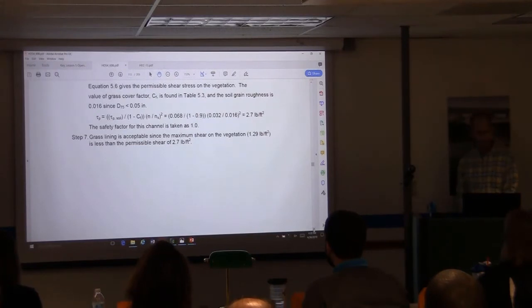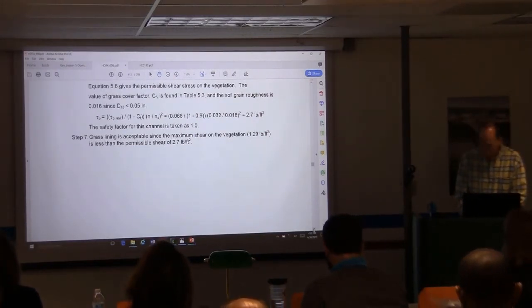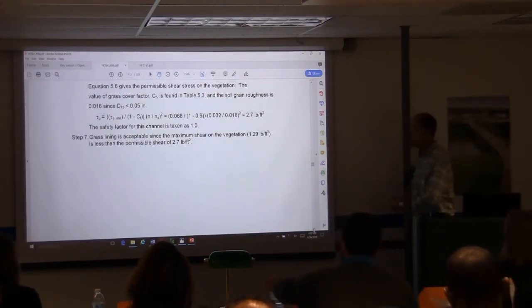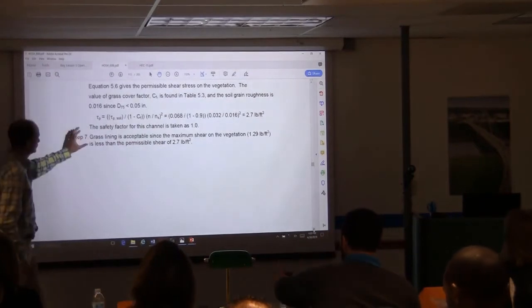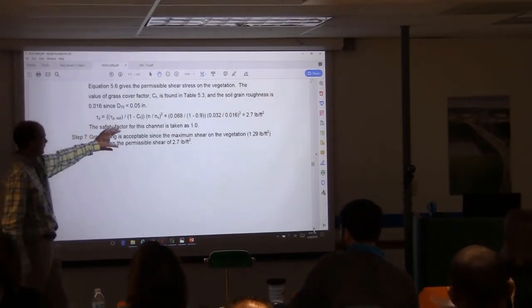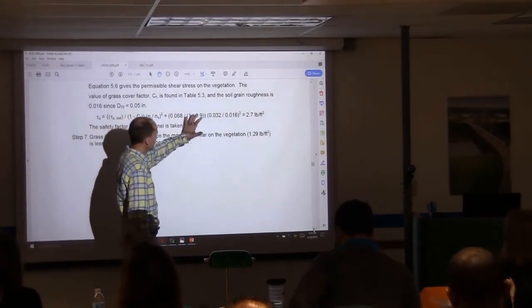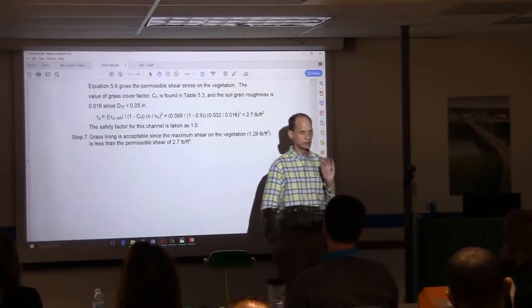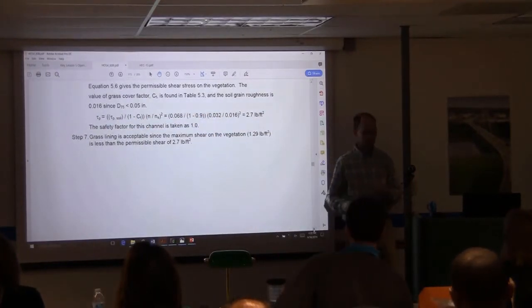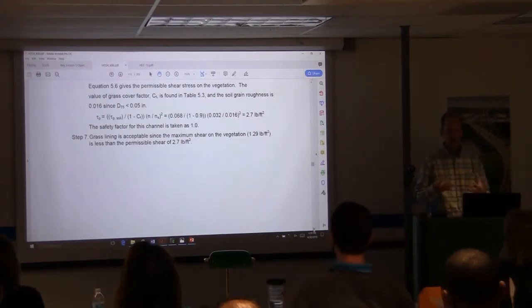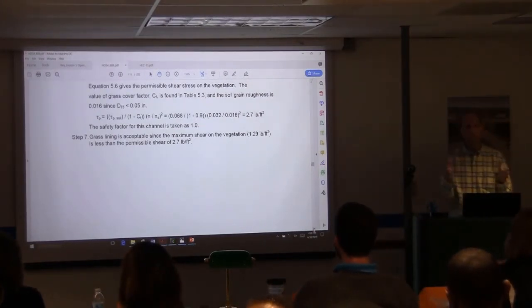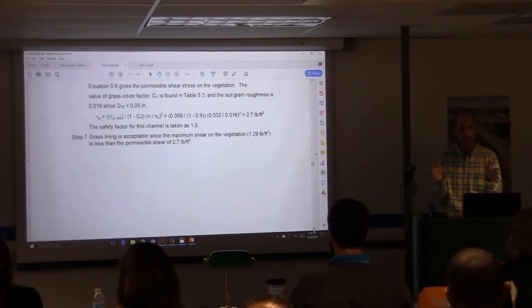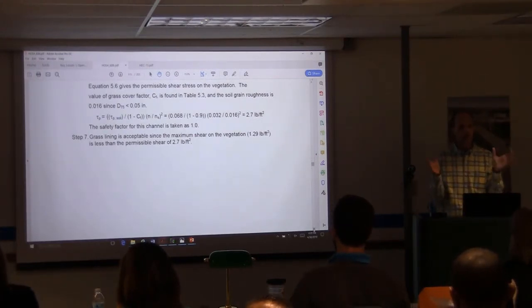So going back to HEC 15, we see that the permissible shear stress of the vegetation depends on the soil components, and then these other values that we look up that are dependent on the type of vegetation we have, how good a condition it's in, what its density is, what its stem height is. All of that information is not something you need to memorize.